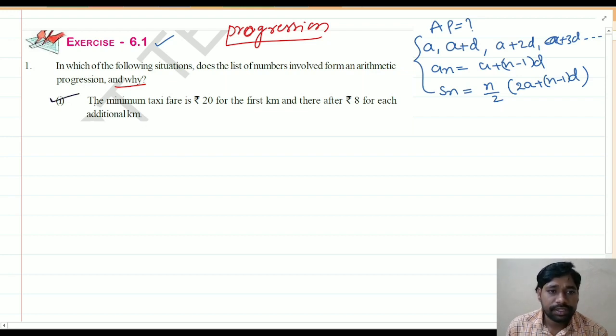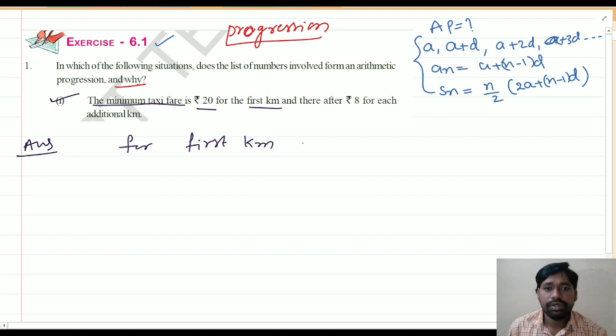The question is, the minimum taxi fare is 20 rupees for the first kilometer, and thereafter 8 rupees for each additional kilometer.